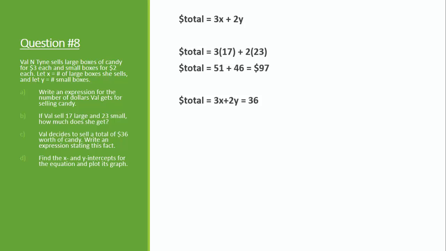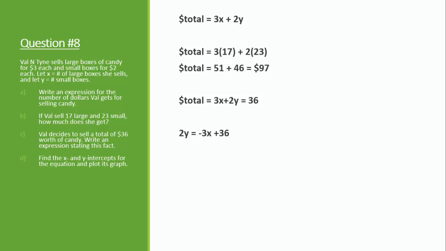So find the x and the y intercepts for the equation and plot its graph. Well, we know we're going to be plotting. We can find x and y. I'm just going to go ahead and take our formula, and I'm going to rearrange it to put it in the y equals mx plus b format. So I took my 3x plus 2y equals 36.